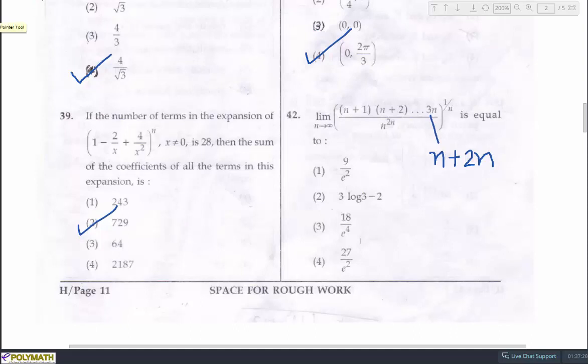Because if you see the denominator, it is n power 2n. How many n's are here? 2n n's are here. How many factors are here? n plus 1, n plus 2, n plus 3, and so on up to n plus 2n.